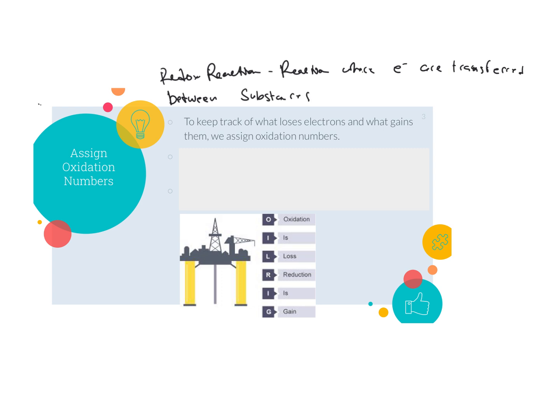In order to keep track of what loses an electron or what gains an electron, we'll assign them oxidation numbers. And generally, if a substance is oxidized, it will lose electrons. And if a substance is reduced, it will gain electrons.